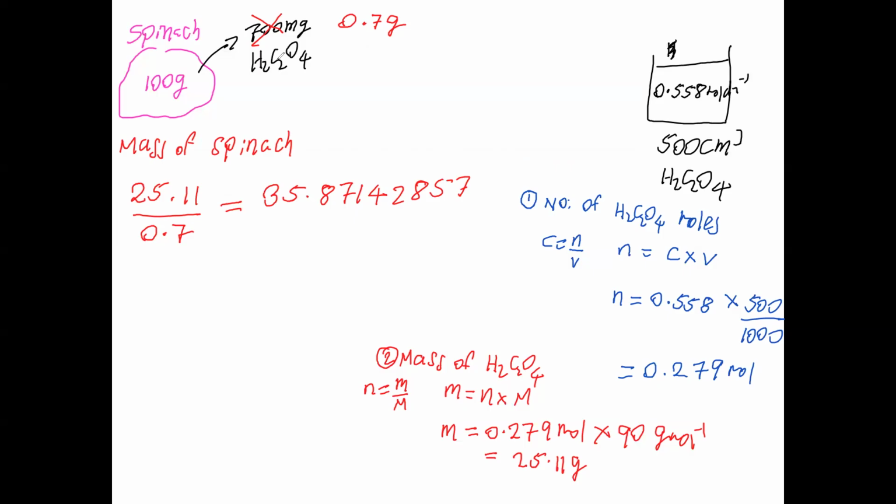Alright, so 25.11 contains this many 0.7s. To get one 0.7, we need 100 grams. So for this many 0.7s, I am going to multiply 100 by 35.87142857.